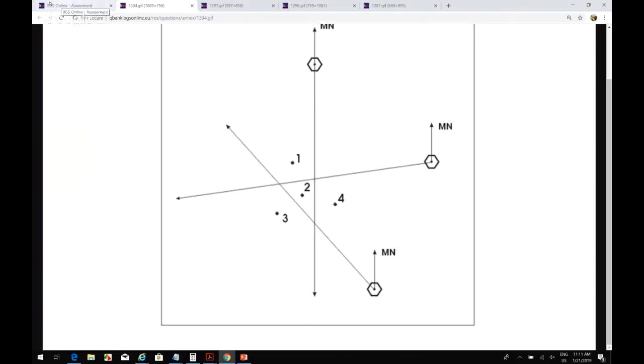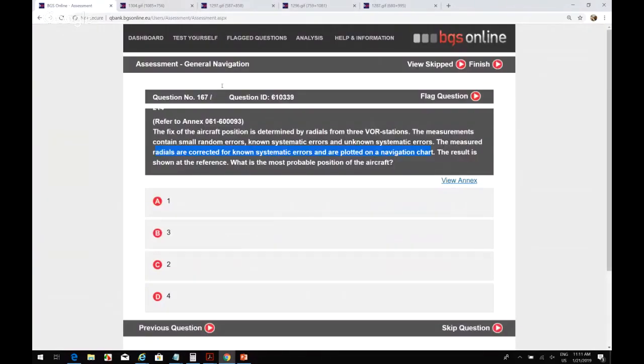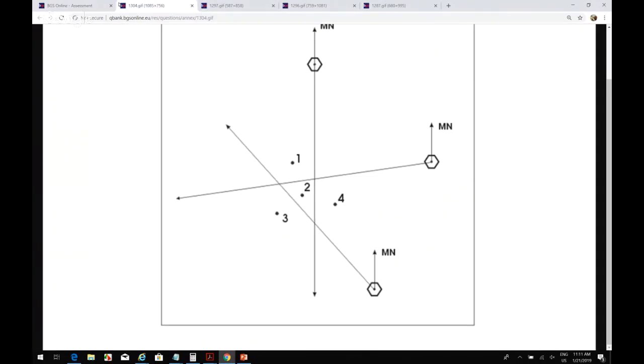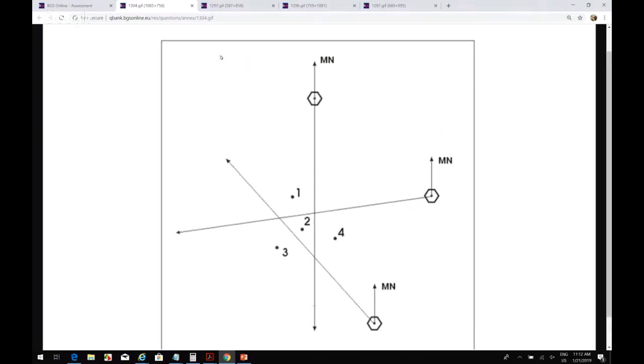Okay, so the fix is determined by 3 VOR stations. The result is shown at the reference. What's the most probable position of the aircraft? Is it 1, 2, 3, or 4? We've got a radial there, 180, a radial there, and a radial over here, which is here.